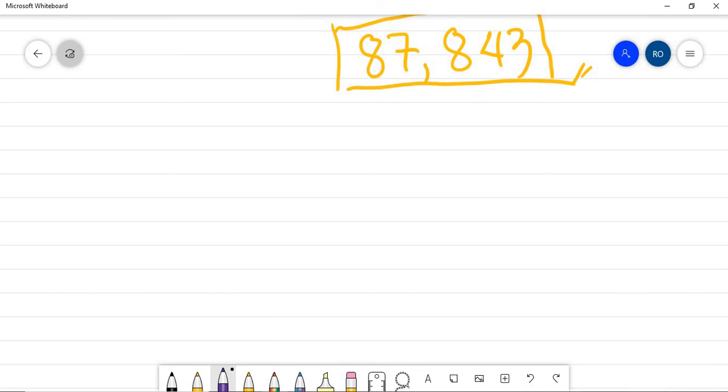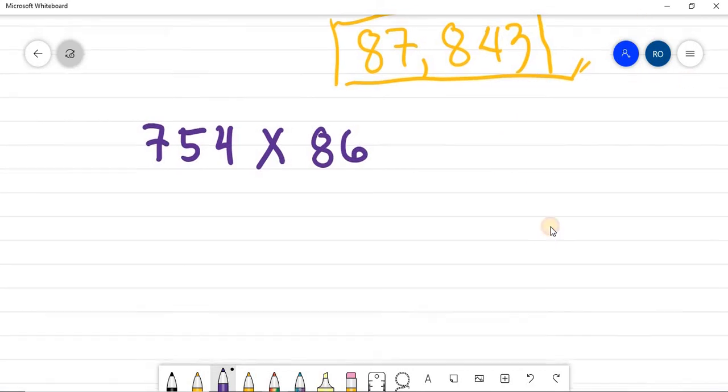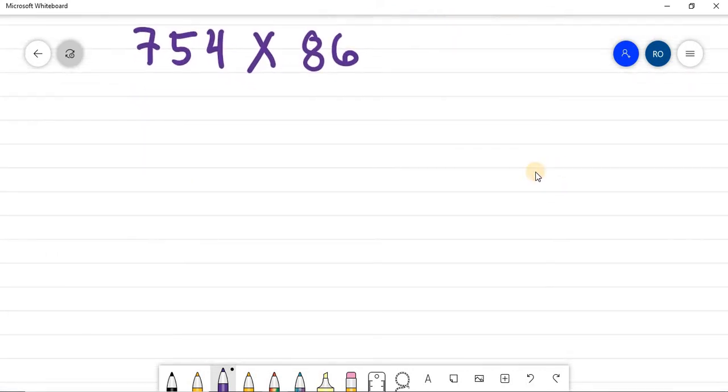So let's say we have 754 times 86. We will find the product of 754 and 86 using the lattice method. Again, as you can see, the multiplicand has 3 digits and the multiplier has 2 digits.